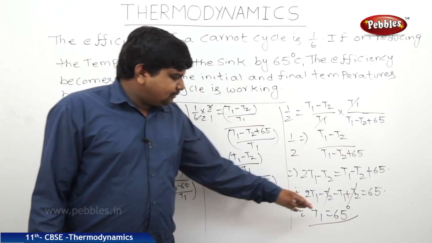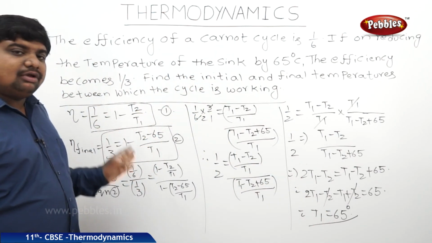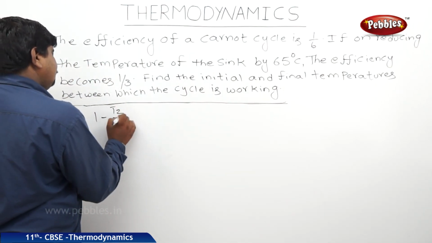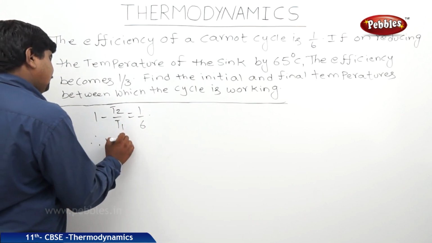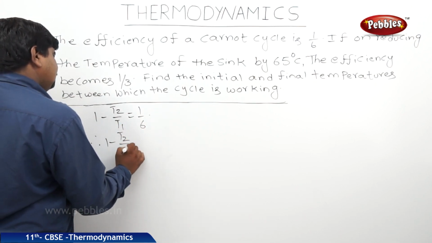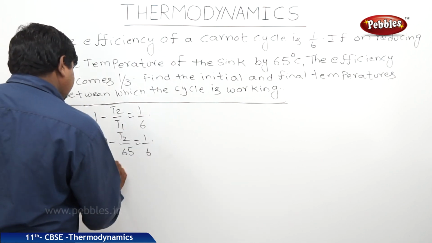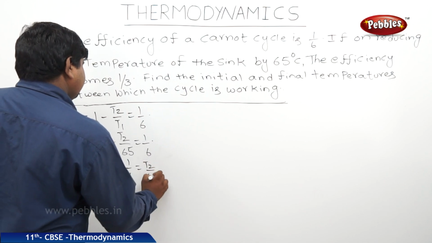Now I am substituting this T1 equal to 65 degrees in any one equation. We will get 1 minus T2 by T1 is equal to 1 by 6. Therefore, 1 minus T2 by 65 is equal to 1 by 6. Now, 1 minus 1 by 6 is equal to T2 by 65.